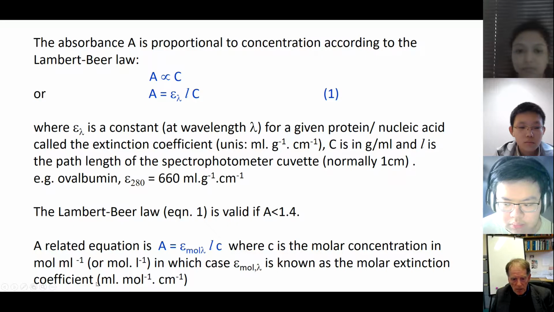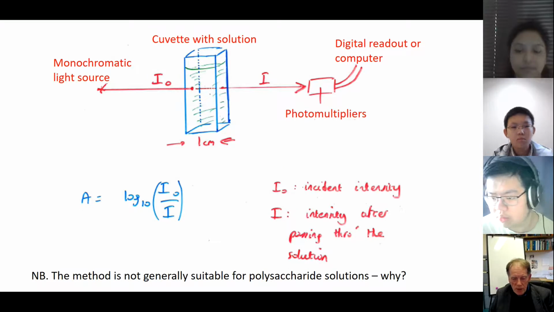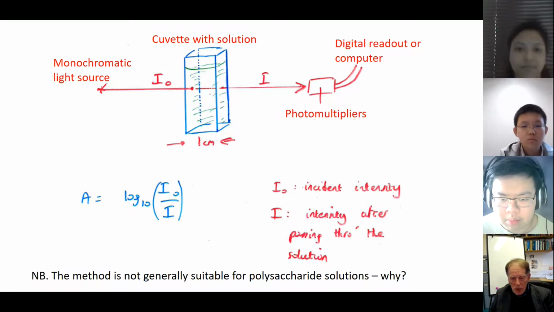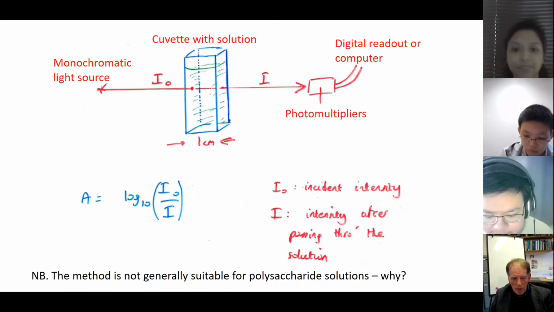This has units of mL per mole per centimeter to the -1, as opposed to mL per gram per centimeter to the -1. Okay, we'll have practice of doing that when we do the demonstration in 2 weeks' time.